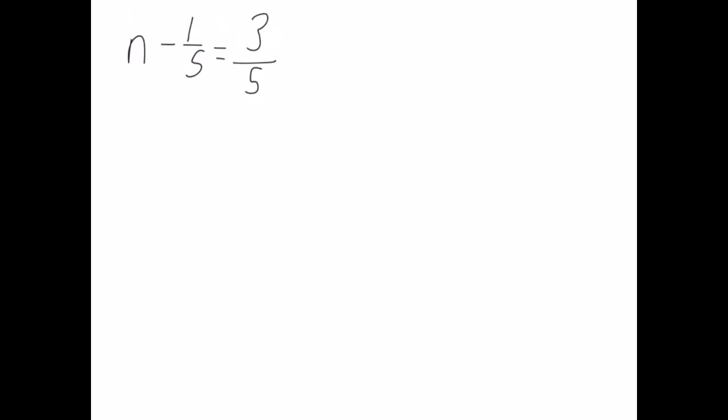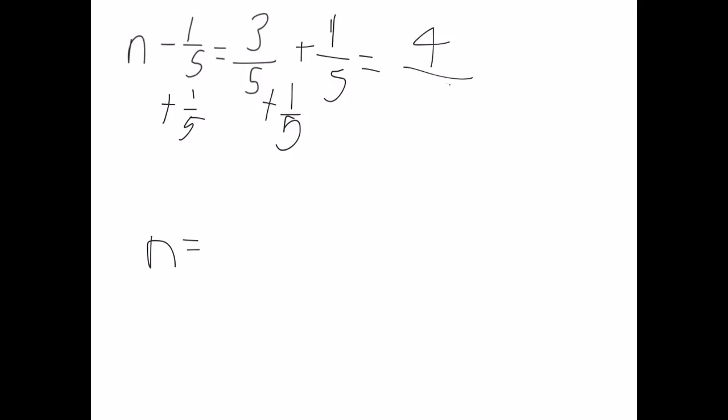As you can see here, we have n minus 1 over 5 equals 3 over 5. So then n would equal, and now we have to solve, that's plus 1 over 5. Okay, so now we have 3 over 5 plus 1 over 5 equals 4 over 5.